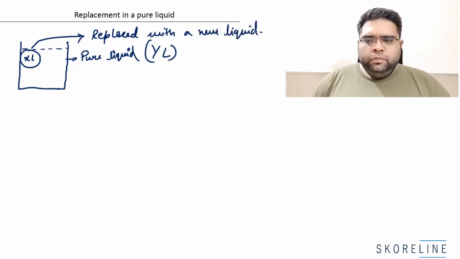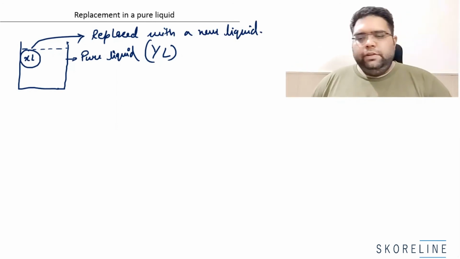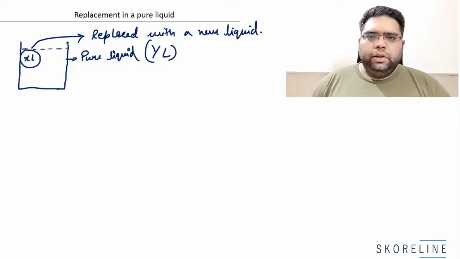Right? So out of the total quantity of Y liter, X liters is taken out and it is replaced with a new liquid. That new liquid can be any other liquid except the pure liquid that was already there.